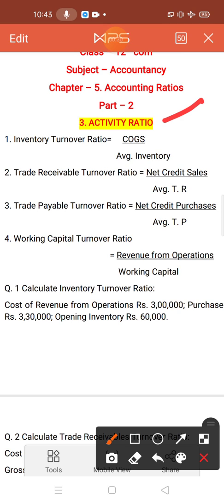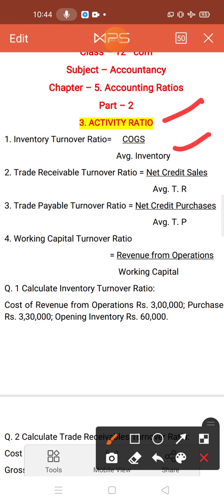In this there are four formulas. The first one is inventory turnover ratio. Inventory turnover ratio is equal to cost of goods sold upon average inventory. The second is trade receivable turnover ratio. The formula is net credit sale upon average trade receivable.